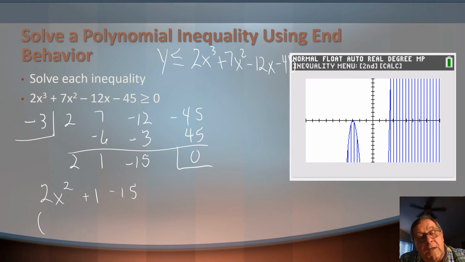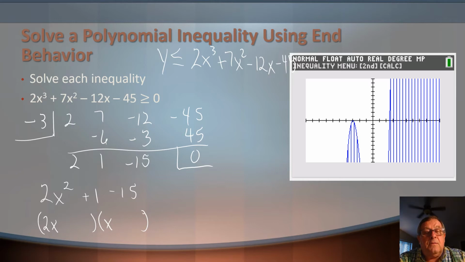So I'm going to draw 2 sets of parentheses. Well, since I got a coefficient of 2 on the x squared, I know I got to have a 2x and an x. My constant term is negative, which means I got to have a positive and a negative inside my parentheses, but I'm not exactly sure which way to go. And then I've got a positive 1 for the middle term.